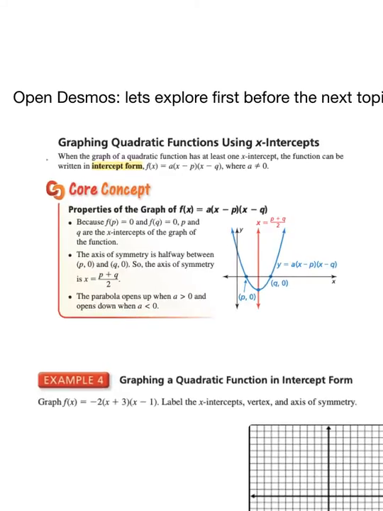Intercept form is the form of a function that looks like it's factored. Let me give you an example. We're going to use Desmos in a minute, but here's an example of a quadratic. If I have a function y equals 2 times x minus 3 times x plus 4.